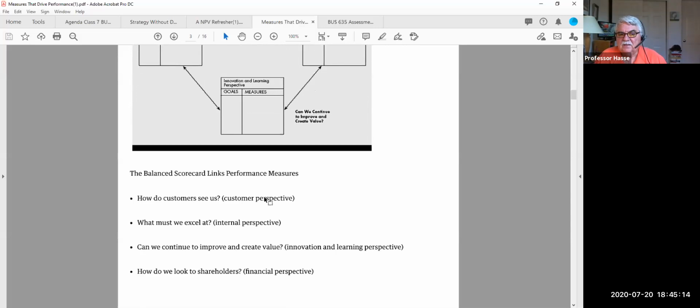It takes a look at customer, internal, innovation, shareholders or investors. Is this project satisfying all four of those, or is it helping three and we're leaving the customers out to dry? Well, if you need customer growth, that's a bad strategy.